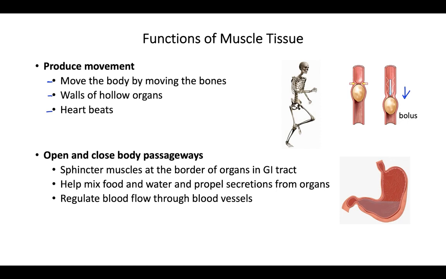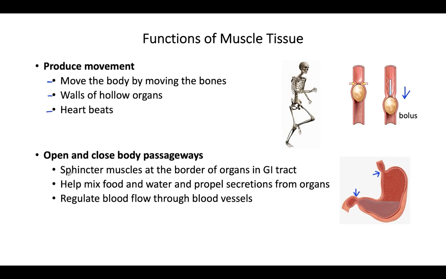The second function of muscle tissue is opening and closing body passageways. The contraction of smooth muscle within the walls of internal organs and the blood vessels causes constriction of those structures. You can see constriction here. Between the esophagus and stomach, and between the stomach and small intestine, there is a passageway.